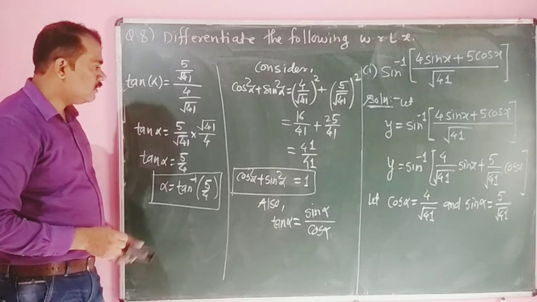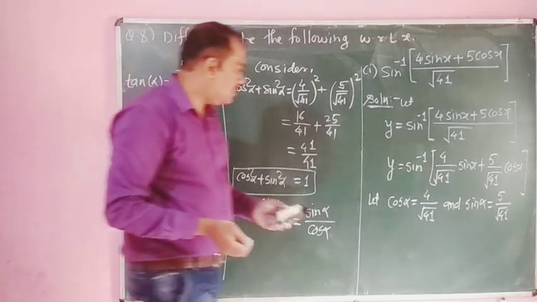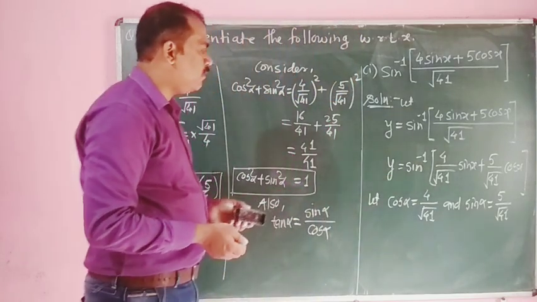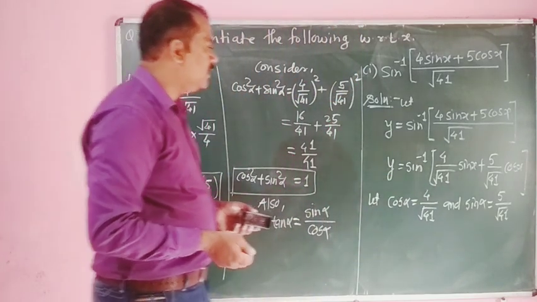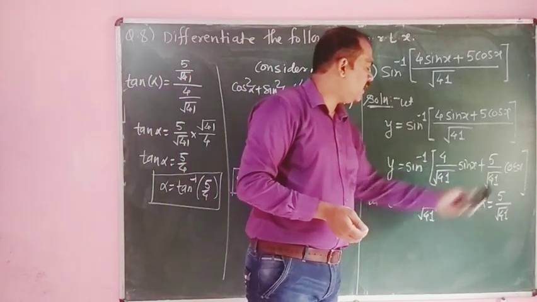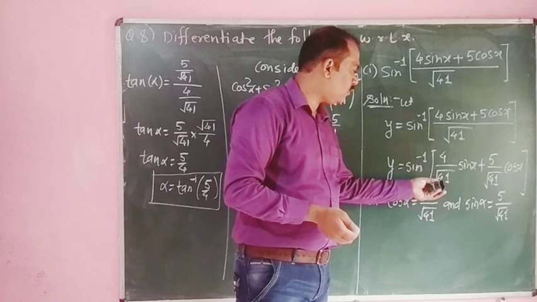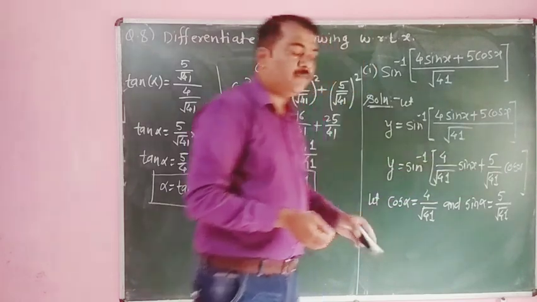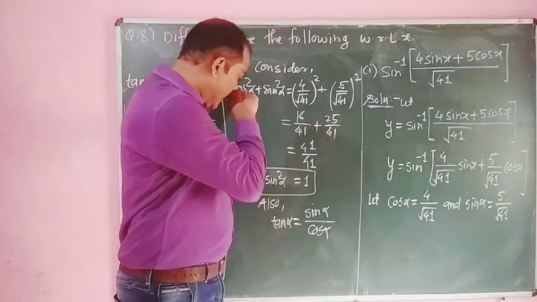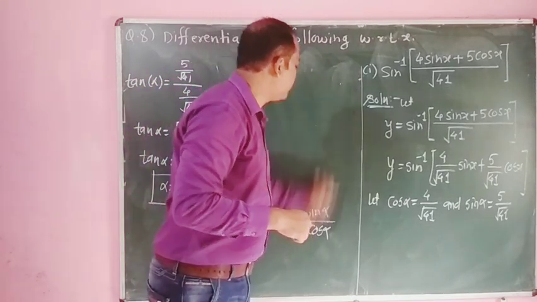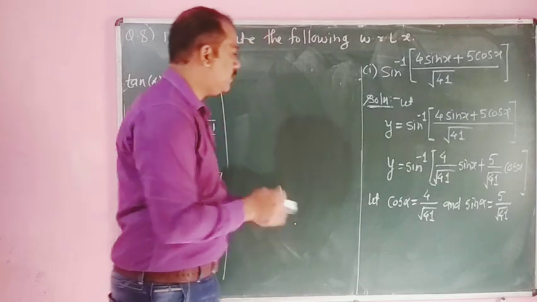Okay. Now, by using all these values, y is equal to sin inverse of 4 divided by root of 41 into sin x plus 5 divided by root of 41 into cos x. We have to use the values of 4 divided by root of 41 and 5 divided by root of 41. What do we get?